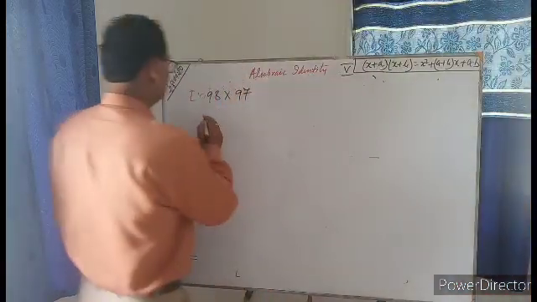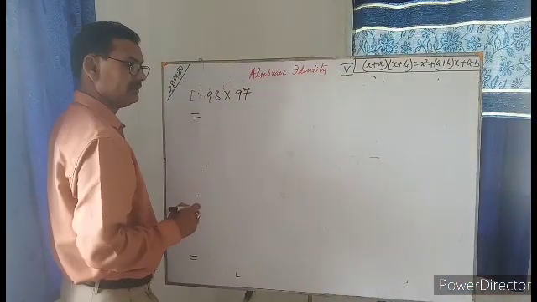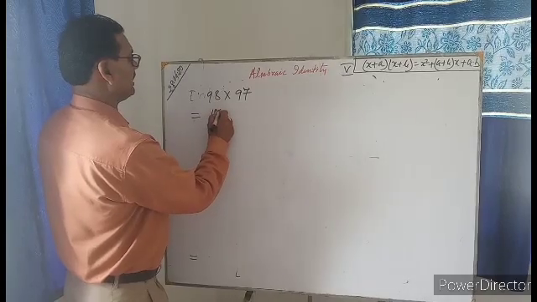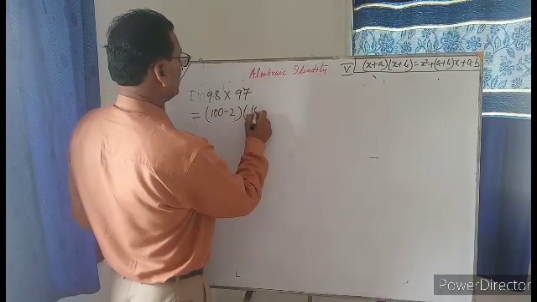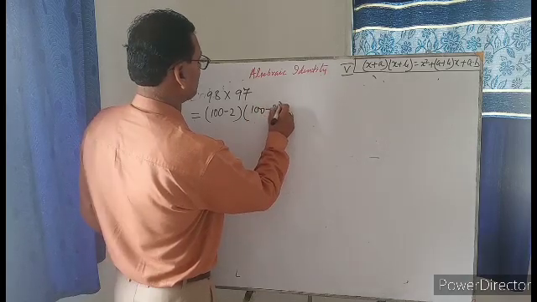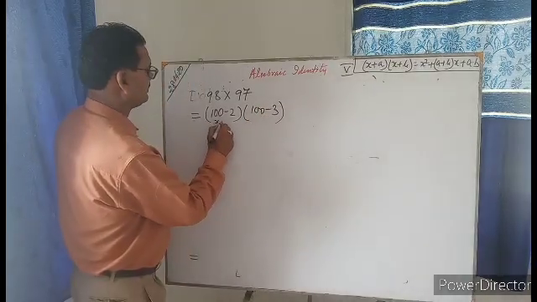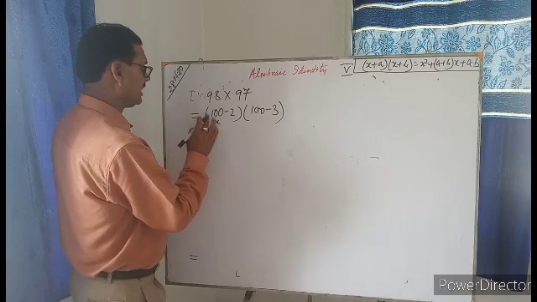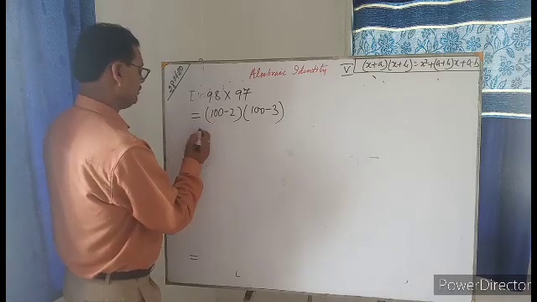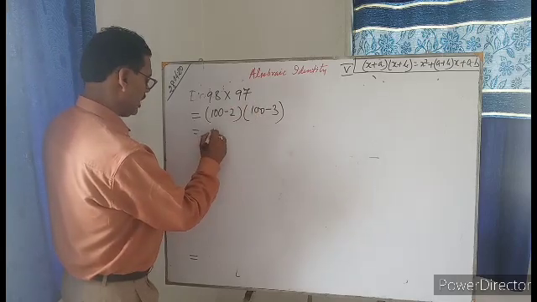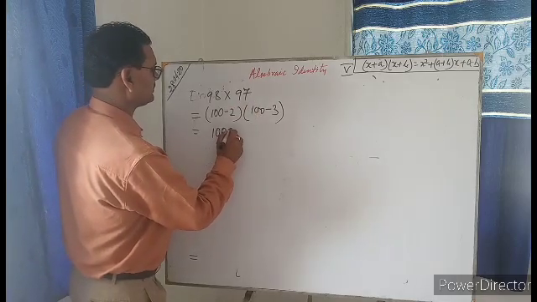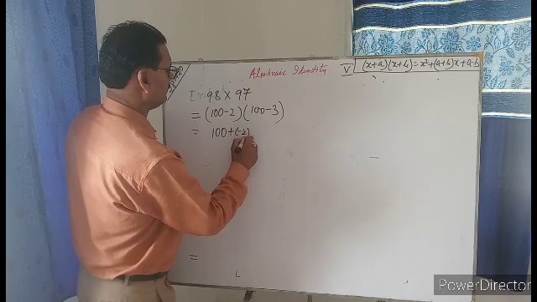So nothing to worry. Here it is 98, so we may write 100 minus 2. It is better. And here 100 minus 3. So x is 100. Here again we have got a minus sign, so we will convert it into plus. How will you convert? 100 plus minus 2.